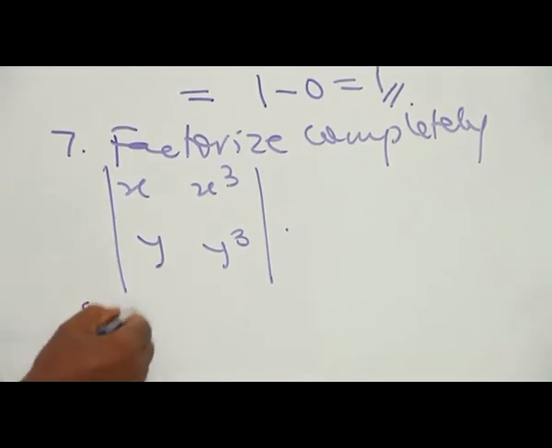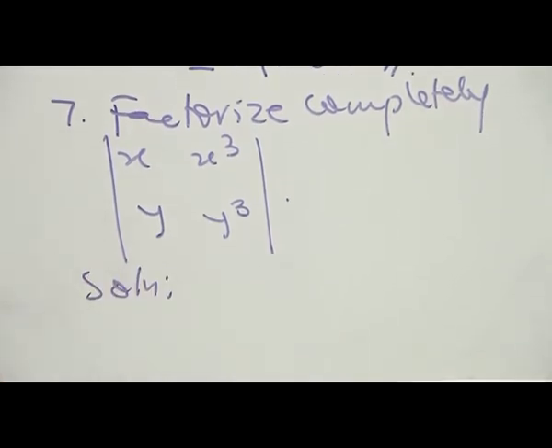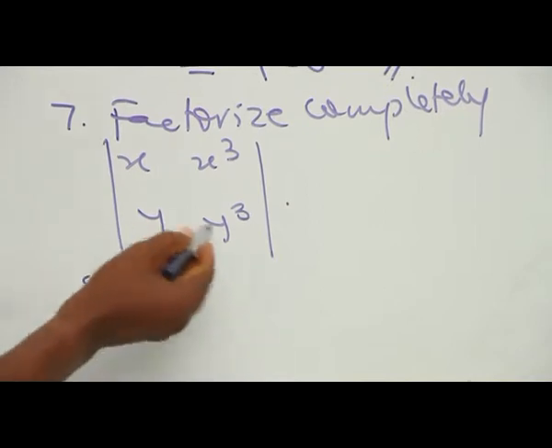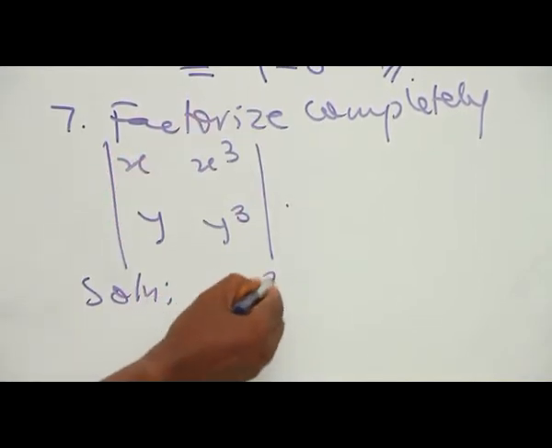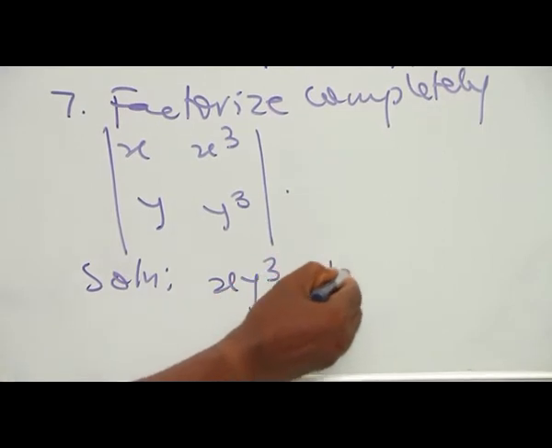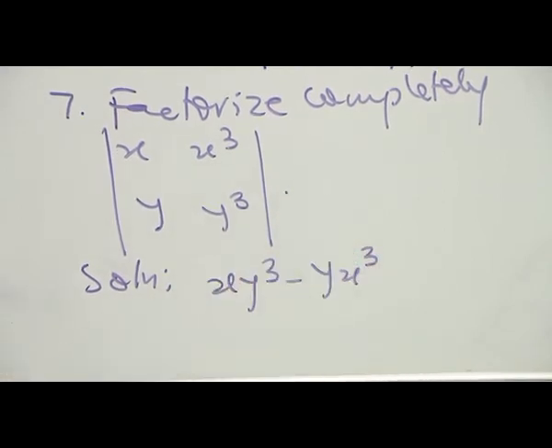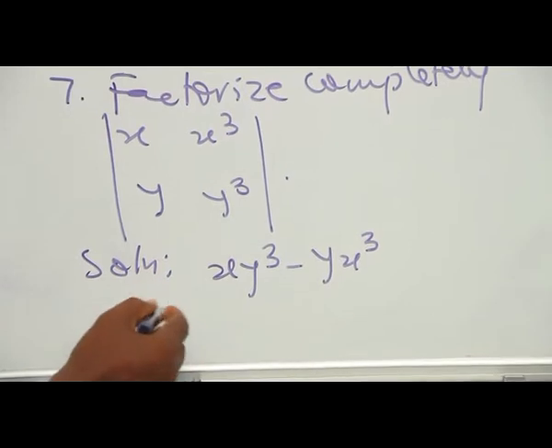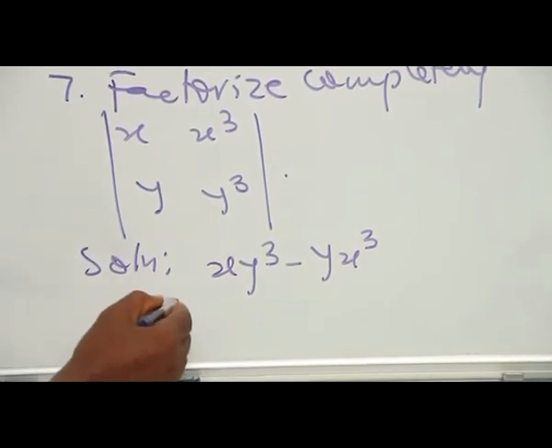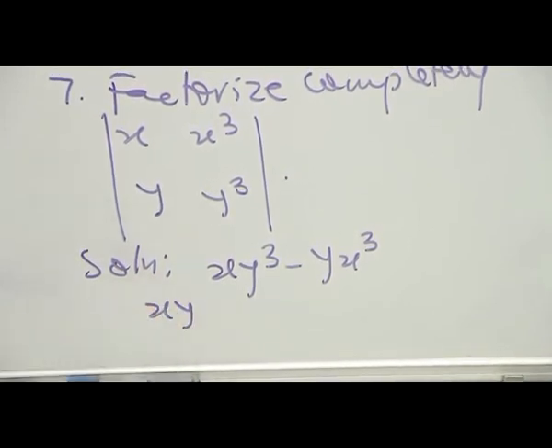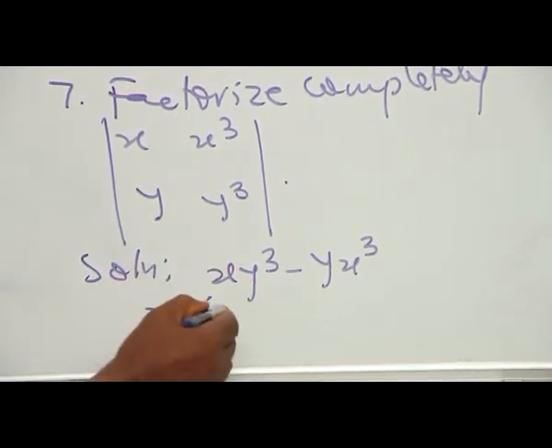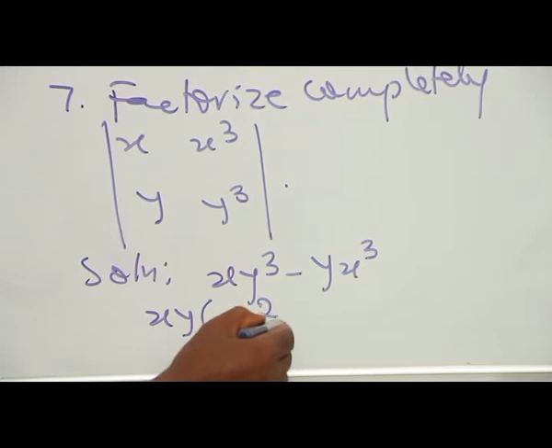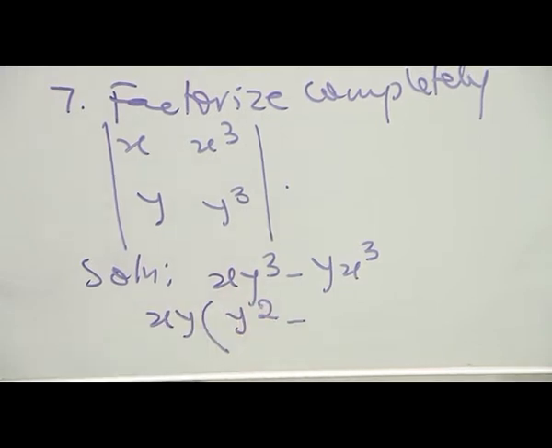Solution: apply the rule of determinants, cross and multiply: sy cubed minus ys cubed. Factorize this one. S and y will be common. One s is out, one y is out, remaining y squared.